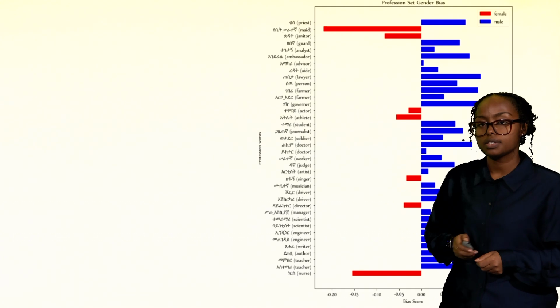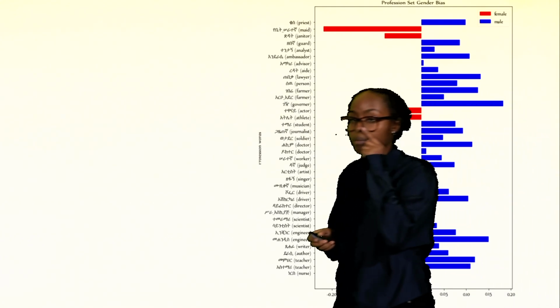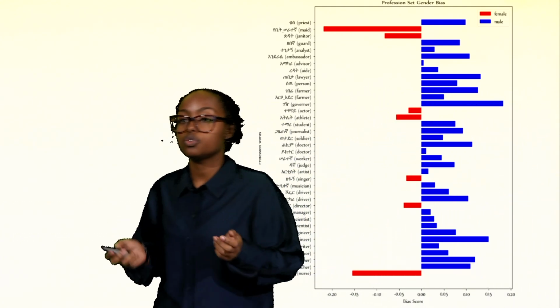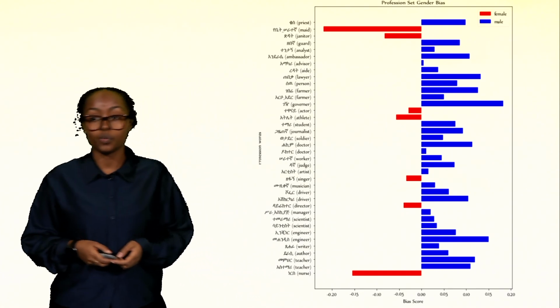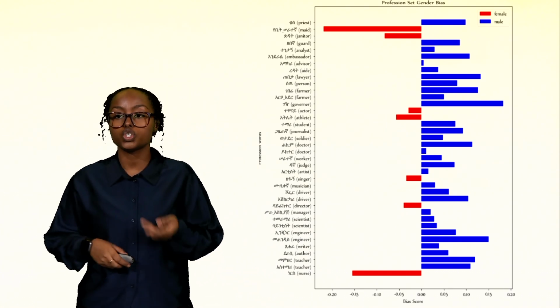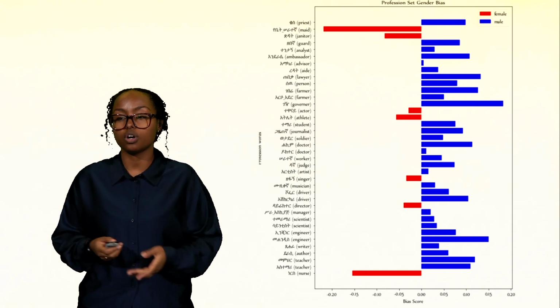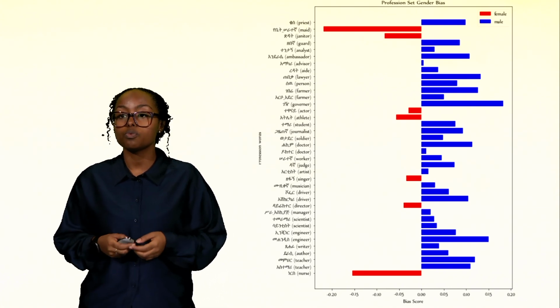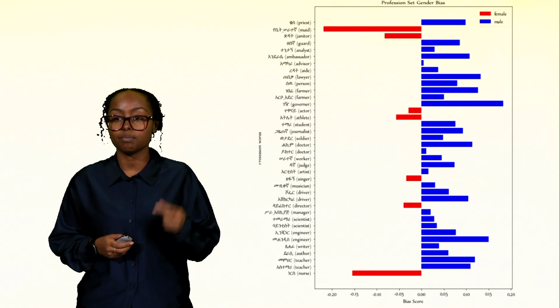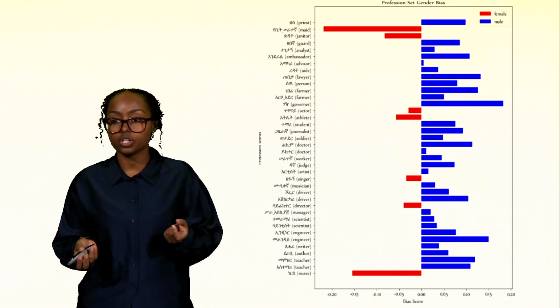So the next step is we went through our corpus and we came up with a list of all the gender-neutral profession words that were devoid of gender and shouldn't have any lineage of maleness or femaleness. And we tried to see the cosine similarity between each of these words and our gender vector.